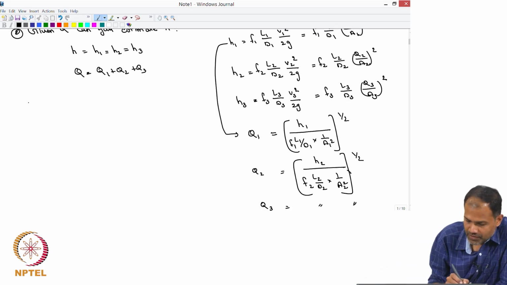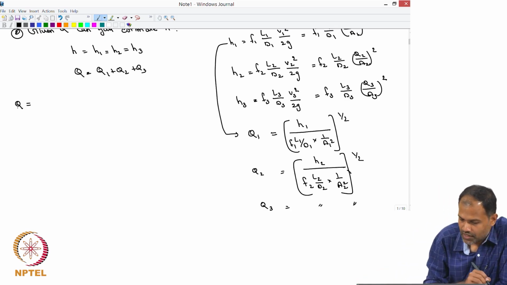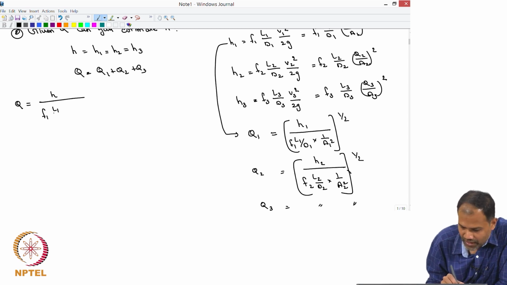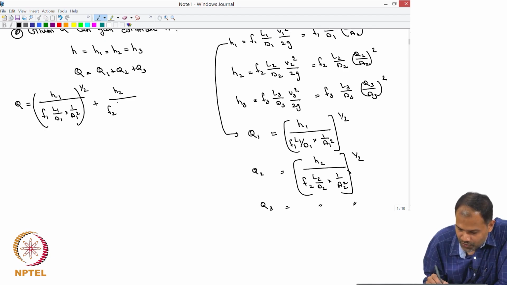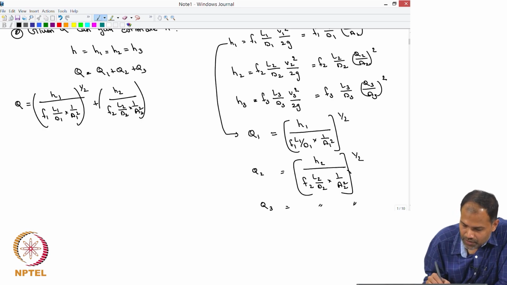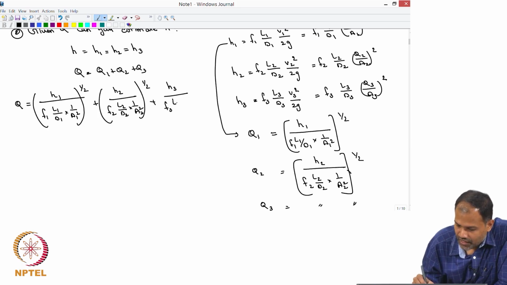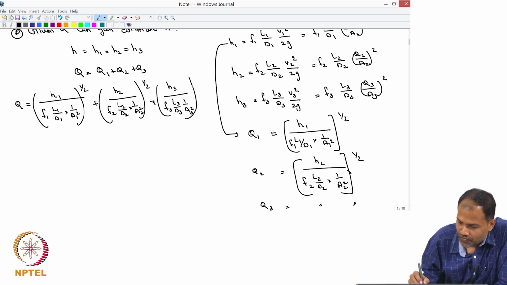Then if I substitute here, I will write Q is equal to the expression for Q1, which is really H divided by F1 into L1 by D1 into 1 by A1 square to the power of 1 by 2, plus H2 by F2 into L2 by D2 into 1 by A2 square to the power of 1 by 2, plus H3 by F3 into L3 by D3 into 1 by A3 square to the power of 1 by 2.